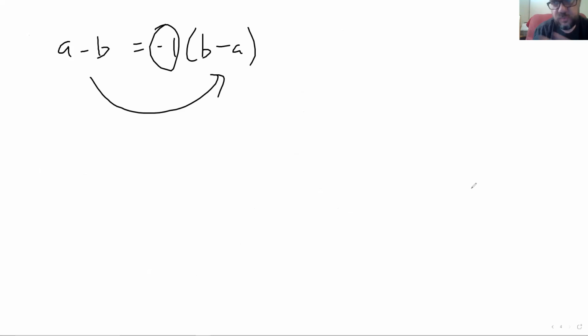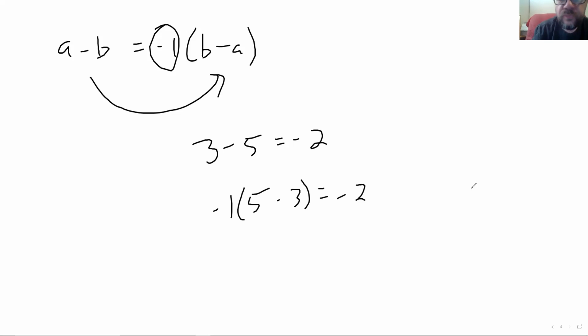To put this in more concrete terms, if I have 3 minus 5, that's negative 2. That's the same thing as negative 1 times 5 minus 3, which is negative 1 times 2, which is negative 2. Those are the same thing. All I did was switch the order of subtraction and add an extra negative.